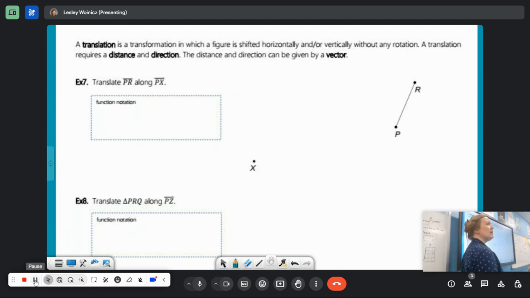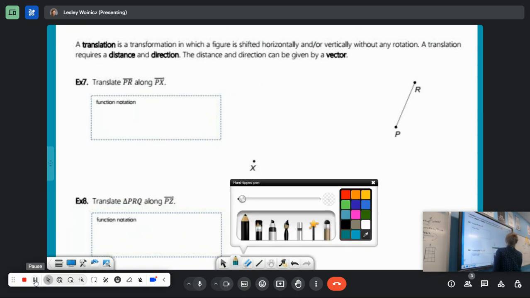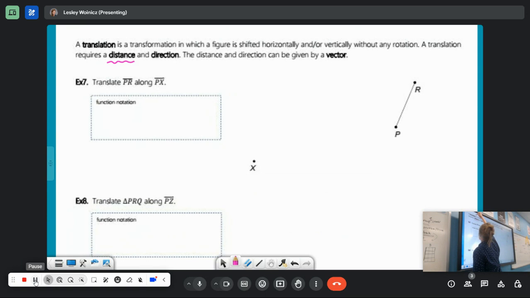So we talked about this when we talked about translation symmetry at the beginning of the unit with sometimes the tessellations rotated, but the ones that you didn't rotate had the translational symmetry. Okay, so they can't spin at all. A translation requires a distance and a direction. When you get into your upper level classes, they will call this distance a magnitude.